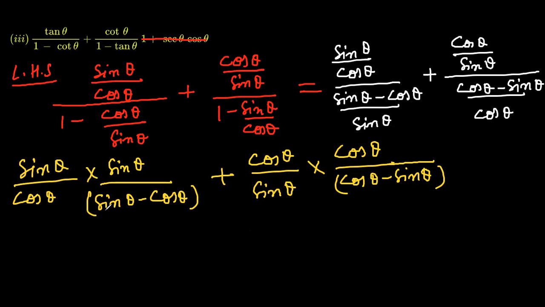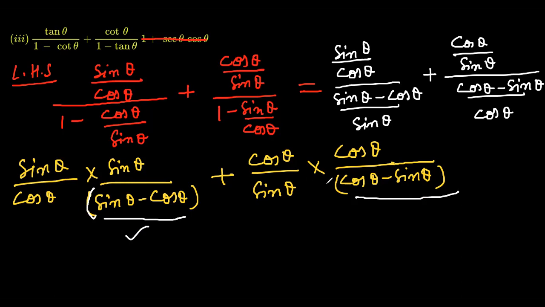One thing we notice is that this is sine theta minus cos theta, and this part is cos theta minus sine theta. There is a difference of negative sign, meaning if you take -1 common, this factor and that factor will become same. So we want to take -1 common from here and make it sine theta minus cos theta.